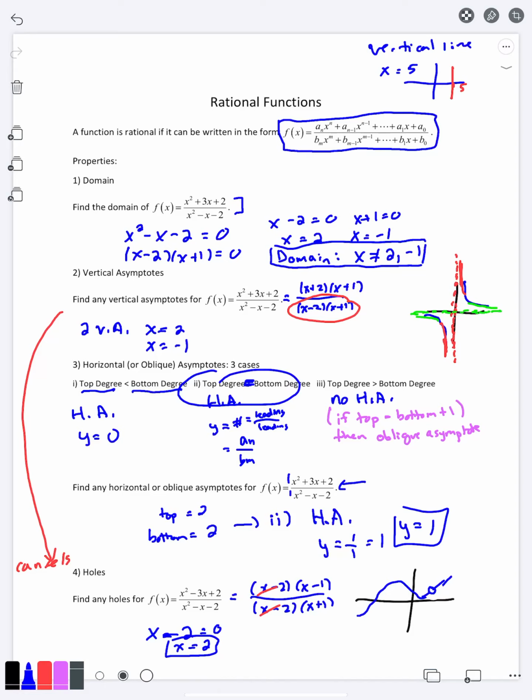It works no problem anywhere else, but when it gets to that specific point where there's a hole, it just stops for half a second, makes a hole, and then continues on as if nothing ever happened. So again, holes are things where you draw the graph like normal, and then at the place where the hole is supposed to be, you just erase a little bit, put a little empty circle there, and you're good to go.